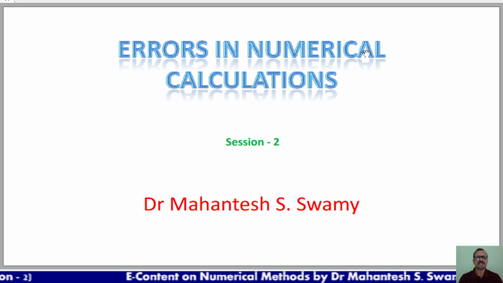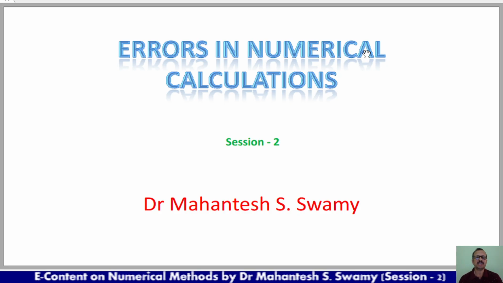In the previous session, we discussed the definitions of exact number, approximate number, and the errors involved in approximation, the types of errors, and we solved a couple of examples at the end.